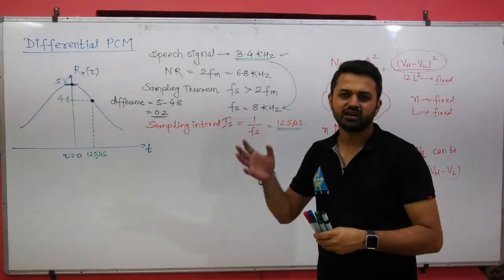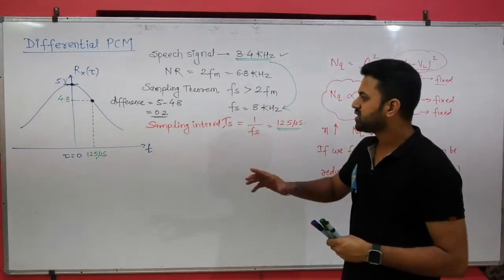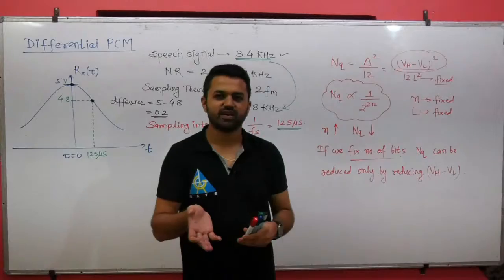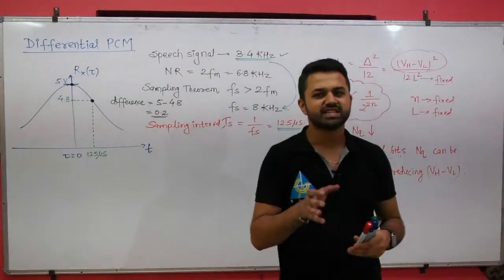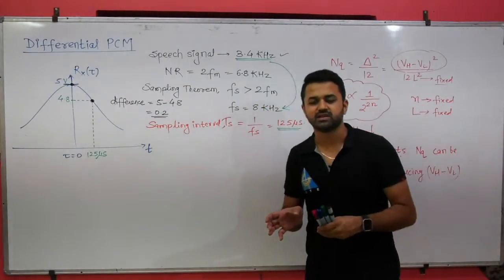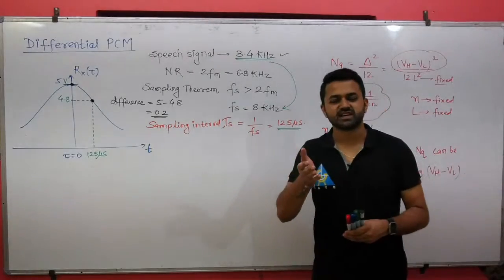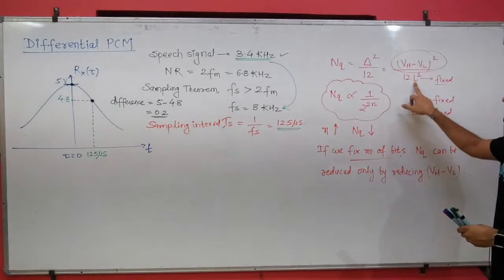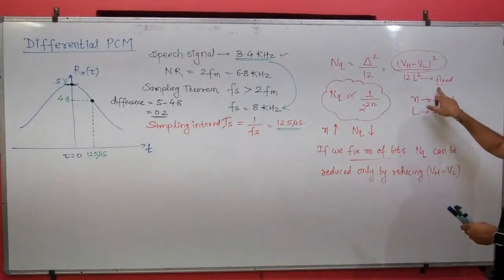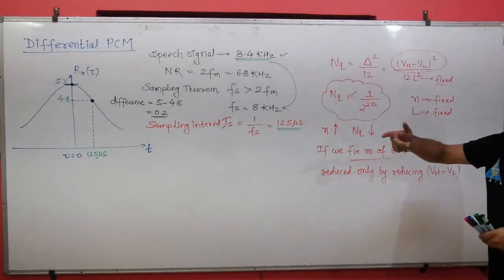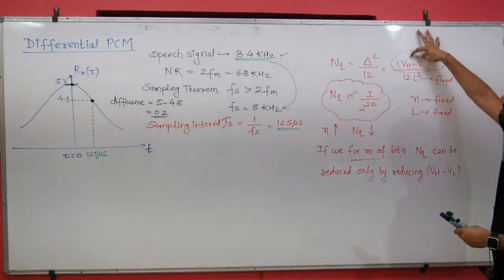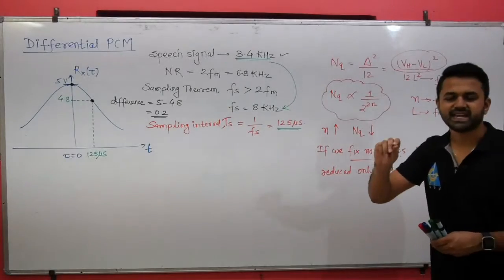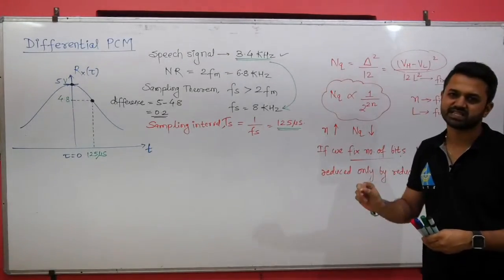Instead of transmitting the sample itself, if we transmit the difference between two successive samples, the step size gets reduced for a given L. If L is fixed, you can reduce the quantization noise power by reducing the numerator value, and this can be reduced by taking the difference between two successive samples.